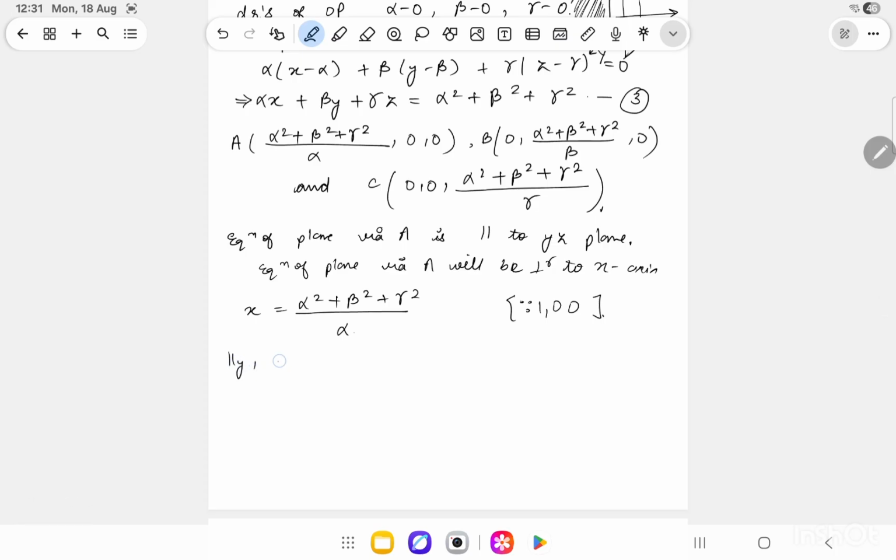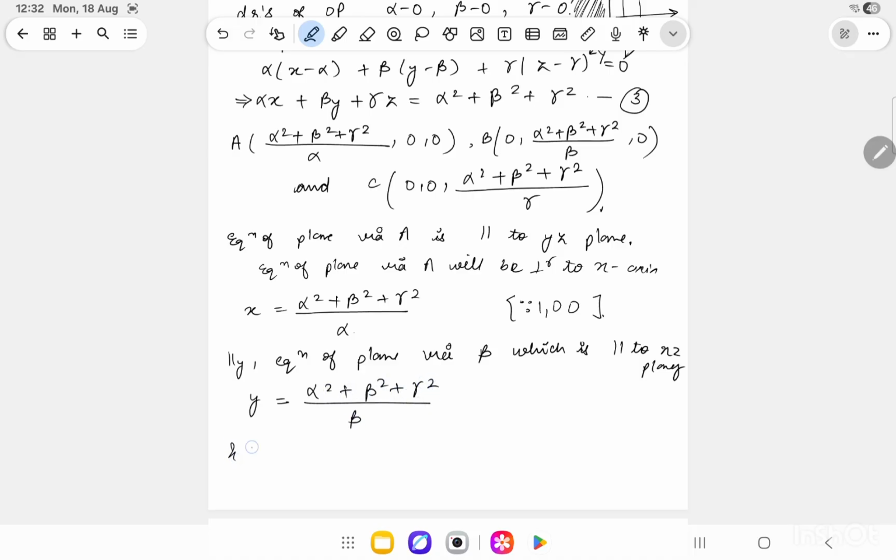Similarly, I can calculate the equation of the plane via point B, which is parallel to the XZ plane. So I got my equation of the plane as y equals alpha square plus beta square plus gamma square upon beta, and similarly I'll get z equals alpha square plus beta square plus gamma square upon gamma.